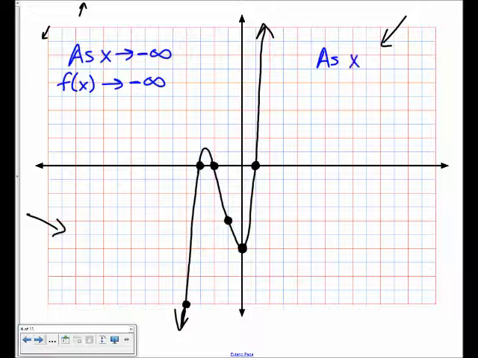So that's that arrow going down forever. And then if you look up here to the right, as x approaches positive infinity, so as we move to the right of this graph, f of x is also approaching positive infinity in the y direction, going all the way up. All right?